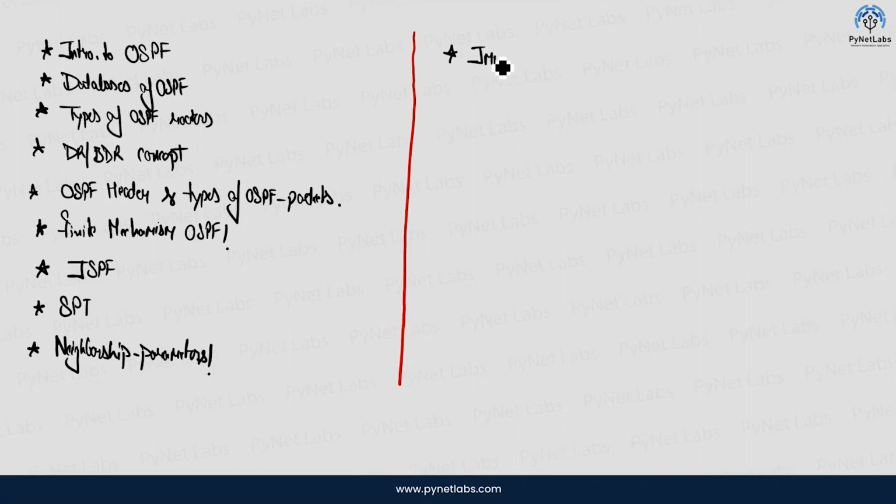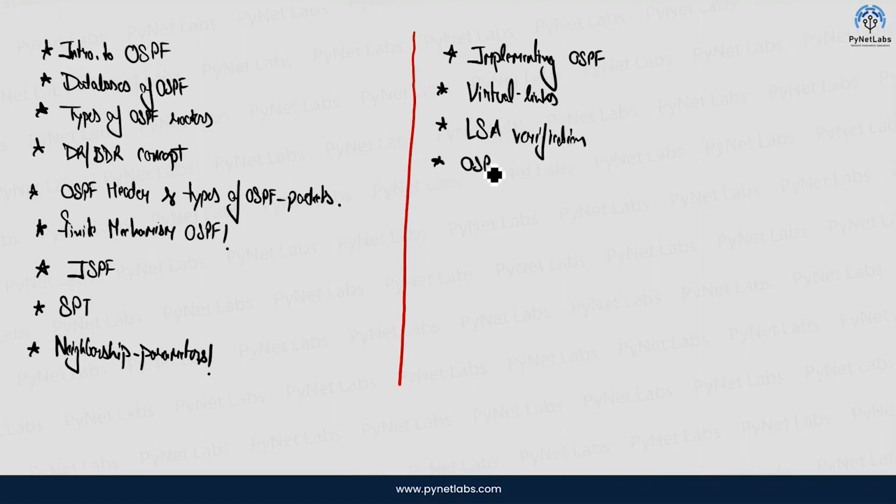So we will see implementing OSPF. After this implementation of OSPF, we are going to see some virtual links. We are going to cover LSA verification. We will see OSPF network types.